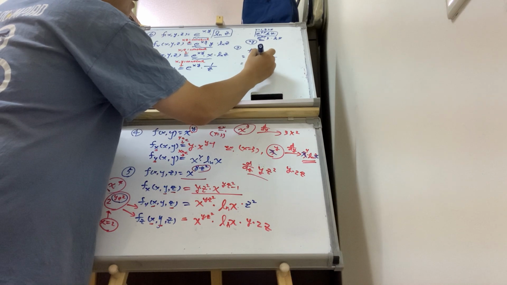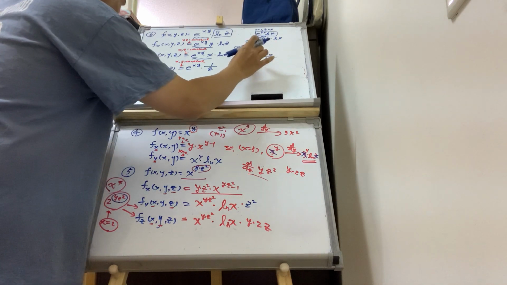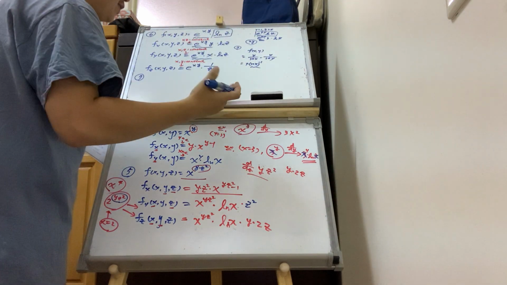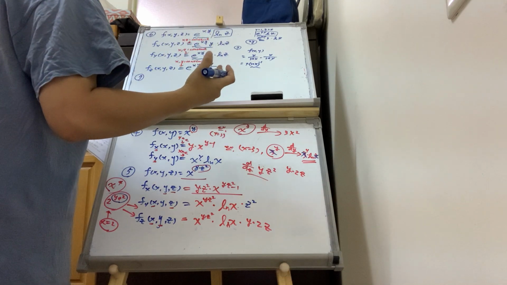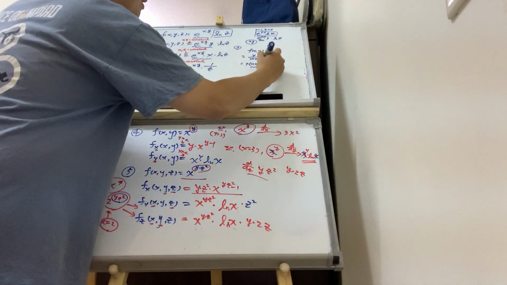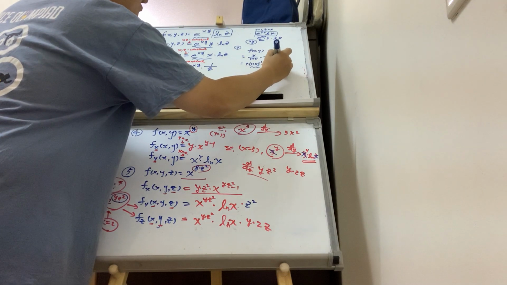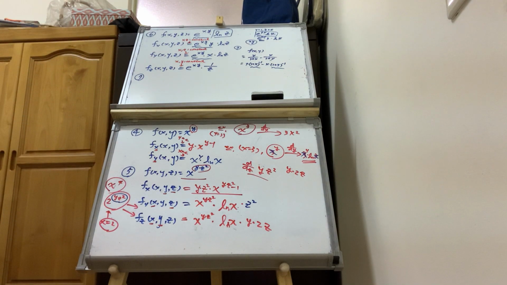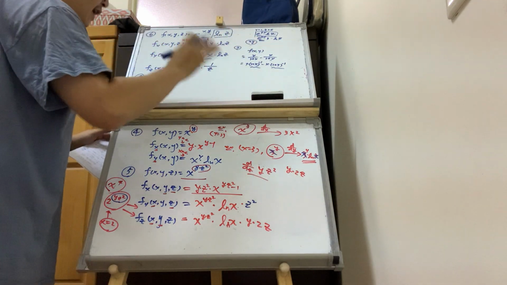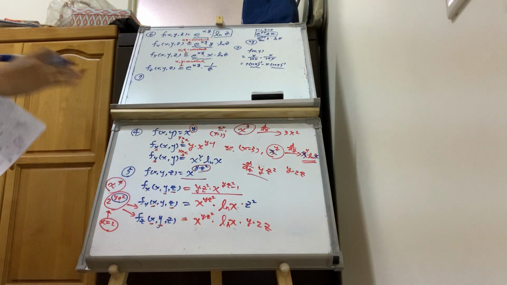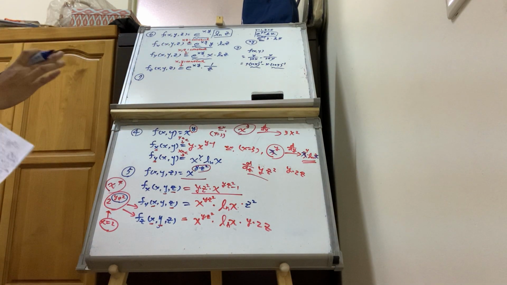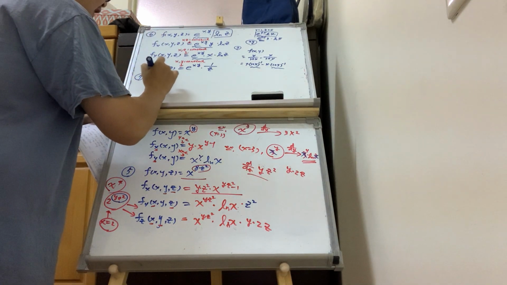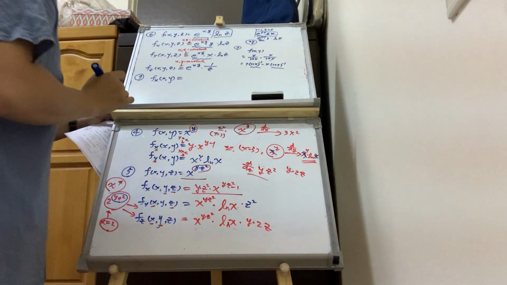Because when we consider its derivative, if we have the form to the power of some number, then its derivative will be easy to solve, compared with the quotient rule. 1 plus y to the power of -1 is this term. But sometimes, if both the numerator and the denominator have xy terms, then you should use the quotient rule directly. Yeah, you still need to use the quotient rule. Anyway, so now let's consider the partial derivative with respect to x.